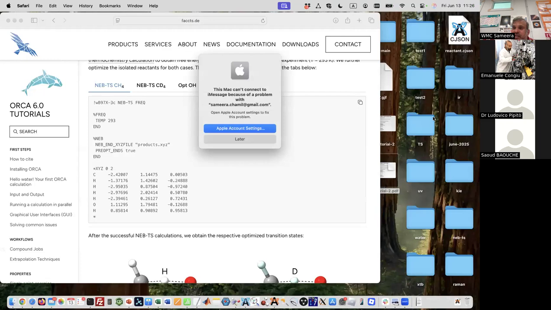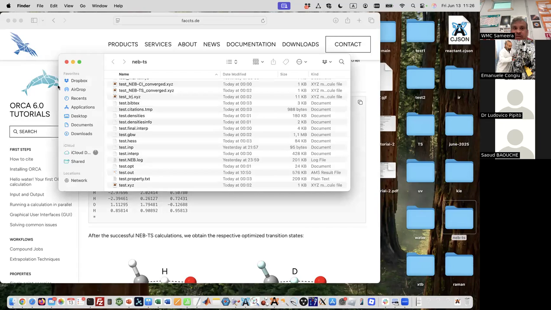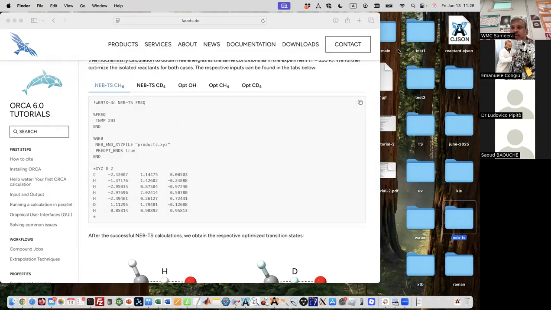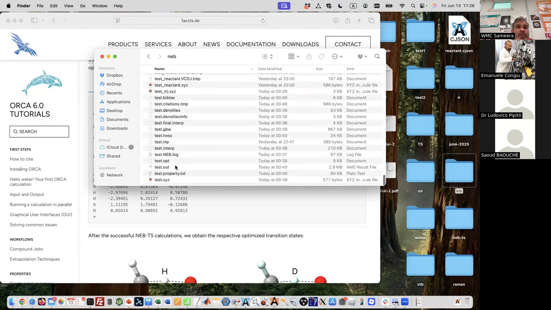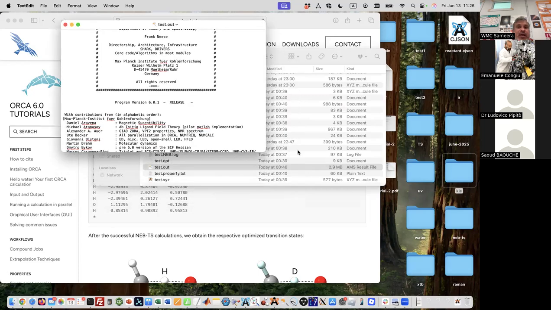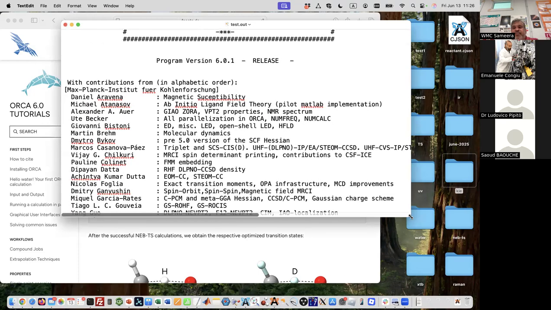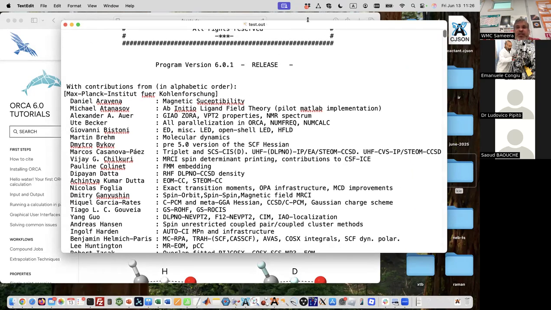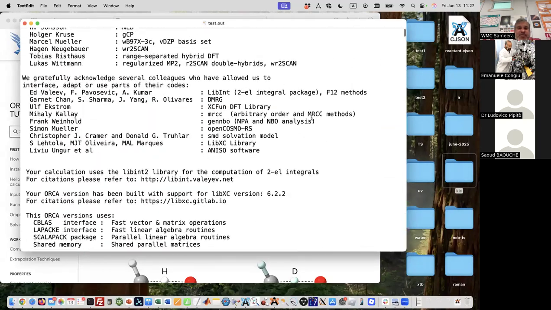I have done this last night, and let me check my result. Here is the output file of the NEB computation. This calculation may take a while depending on your computer speed, but it's not a big calculation anyway.